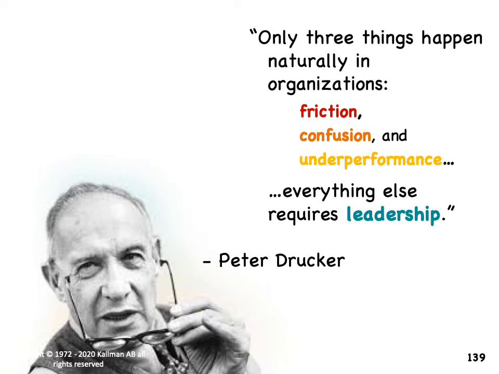Everything else requires leadership. It requires leadership at the individual level, at the team level, in the product, program, process area, and it definitely requires leadership in the portfolio, senior leadership, executive leadership, and C-level leadership.